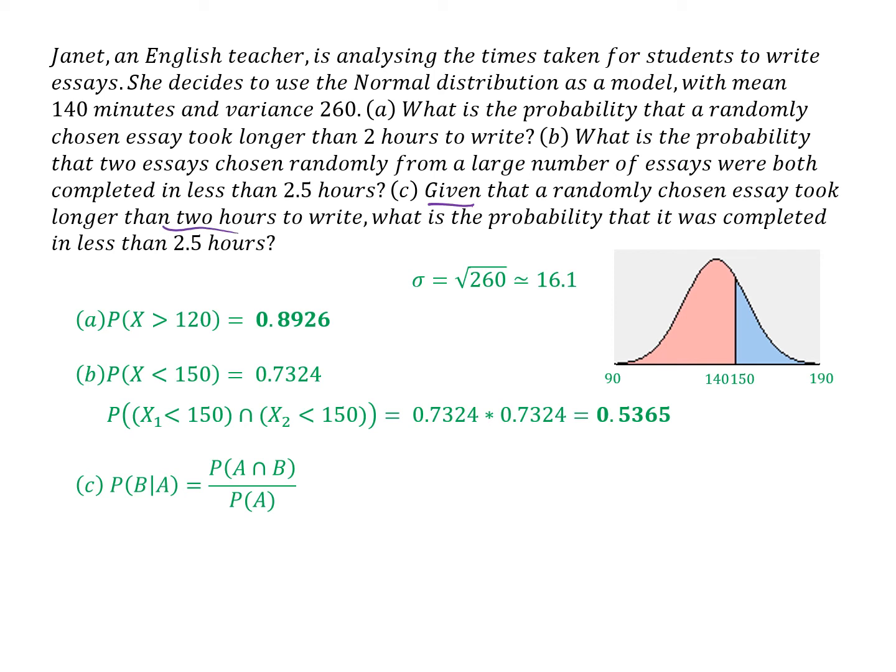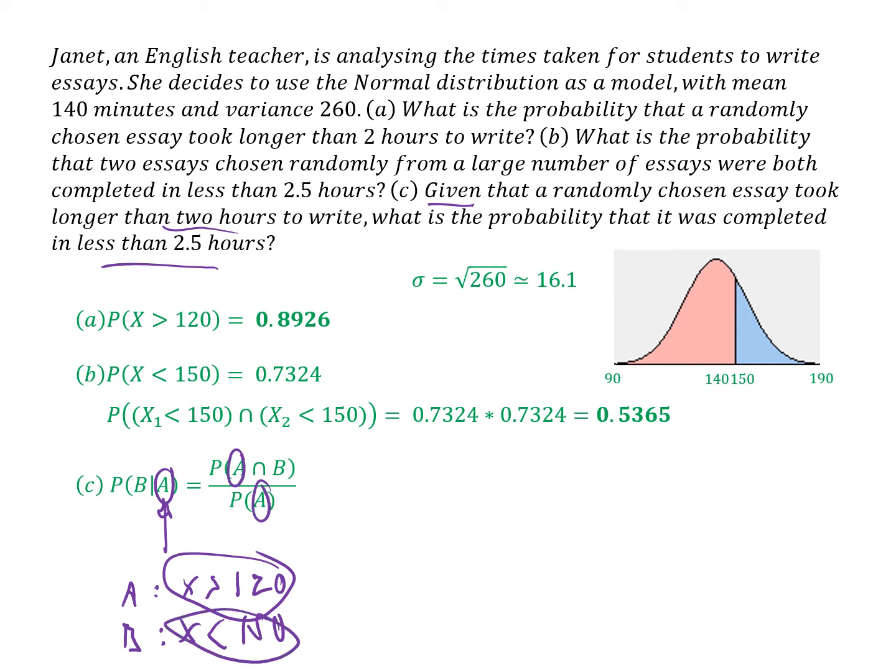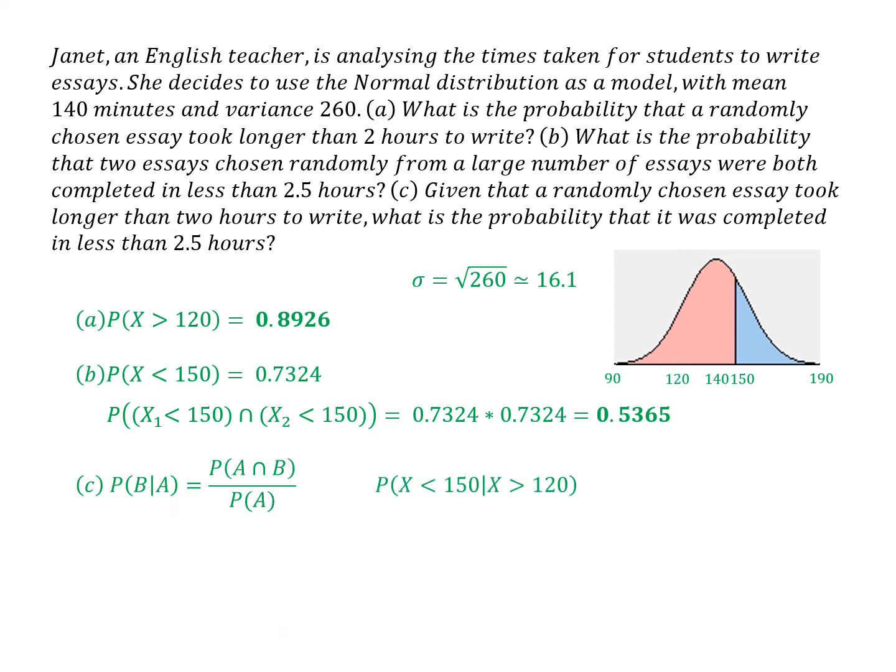So A, that's given A, will be X longer than 2 hours, greater than 120, and B is the other one, X less than 2.5 hours, less than 150. So when we put this in for A, there, and there, and this in for B, there, and there, we get the formula we're looking for. That one there.